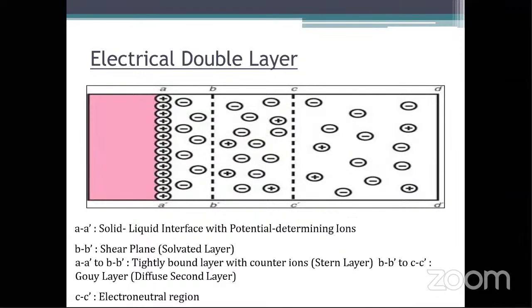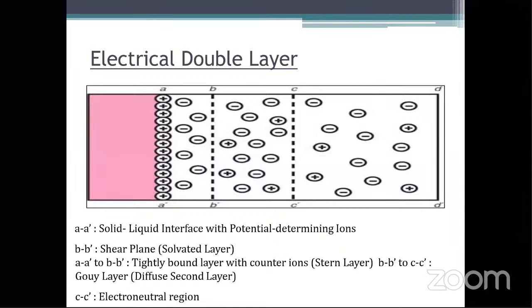So, depending on the distribution of ions, A dash can be negative, B dash may be positive, and C dash will be neutral. When we move from the interface A dash towards the bulk of the dispersion D dash, the potential changes, and that can be represented by this picture.